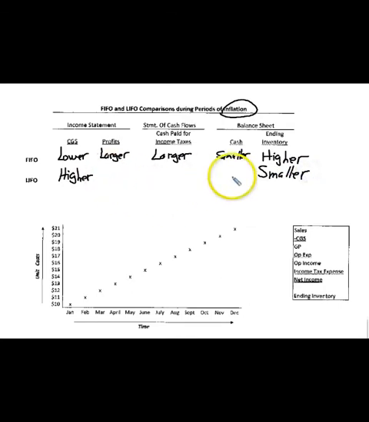Okay, now let's go through the middle stuff. If we have a higher expense, then our profits will be smaller. Larger expenses lead to smaller profits. Smaller profits lead to smaller taxes paid. If I pay less to the IRS, I'm going to have a larger amount of cash in the bank. So just going through all of that. Okay?